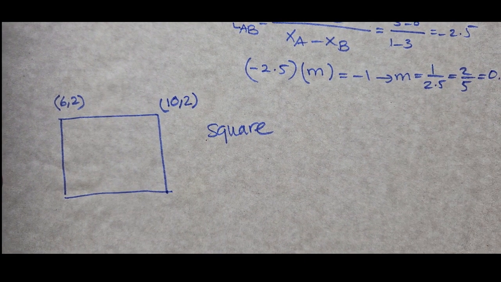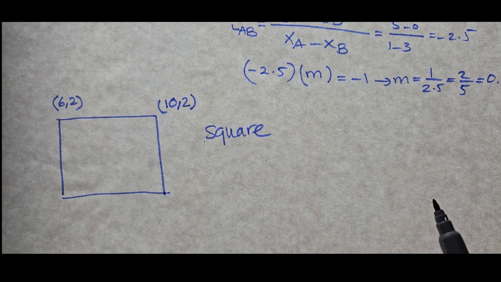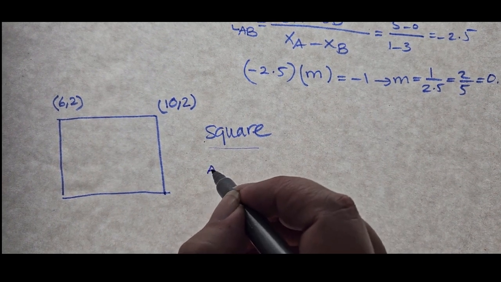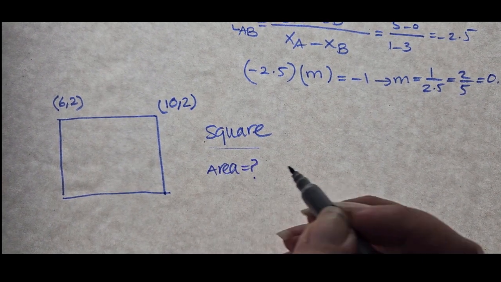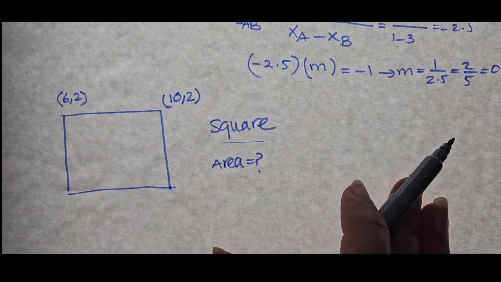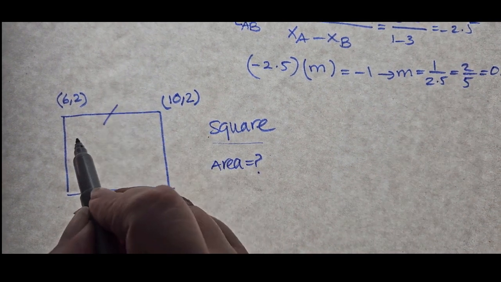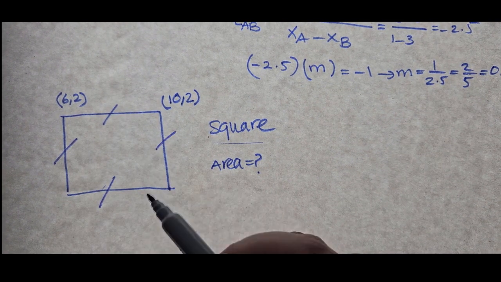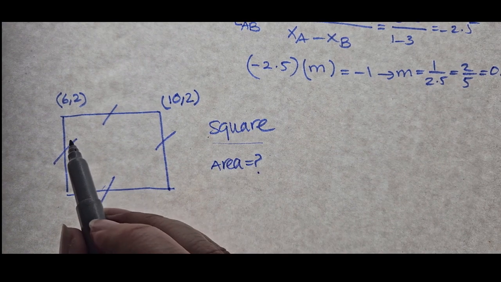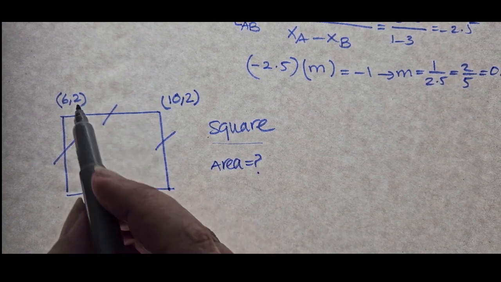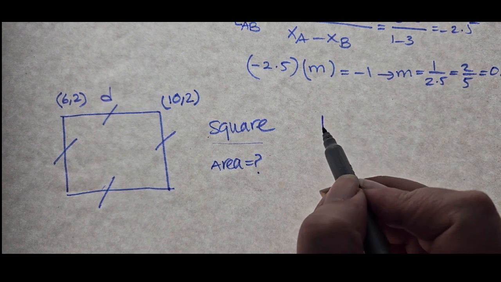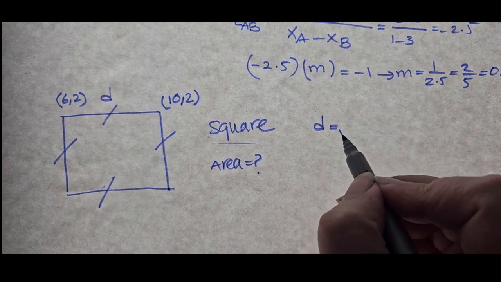If you are given this information and you're asked to find the area, because you have a square, you know all four sides must be equal, right? So you just find one side from the given information and then multiply it by itself to get the area.